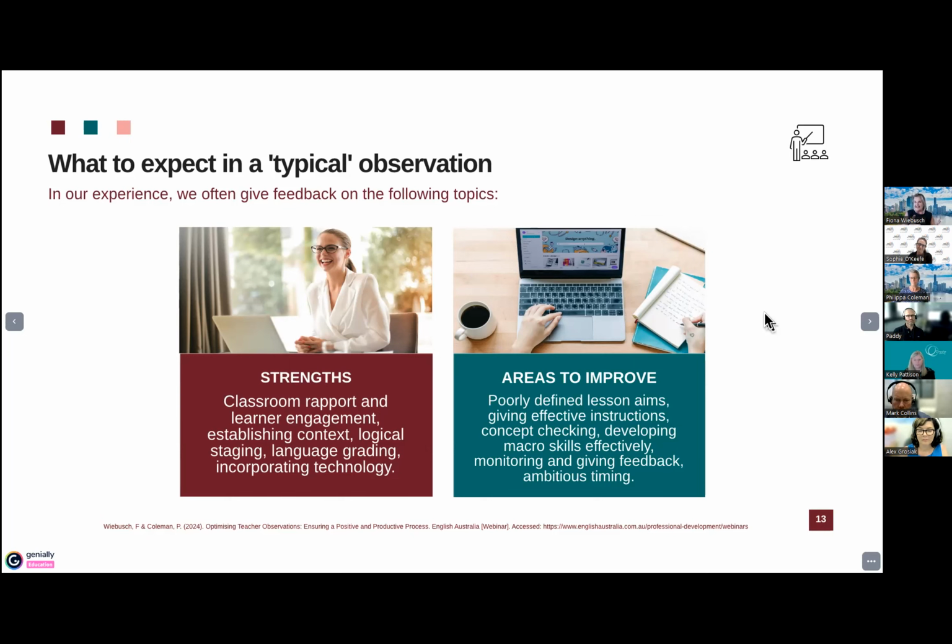We might be seeing teachers teaching skills, reading, writing, listening, speaking, but then not being sure about how to give feedback to develop those skills further. So monitoring strategies and giving feedback. And the old classic, still true for me too, is ambitious timing in the lesson plan, of course. So just a heads up for our colleagues.